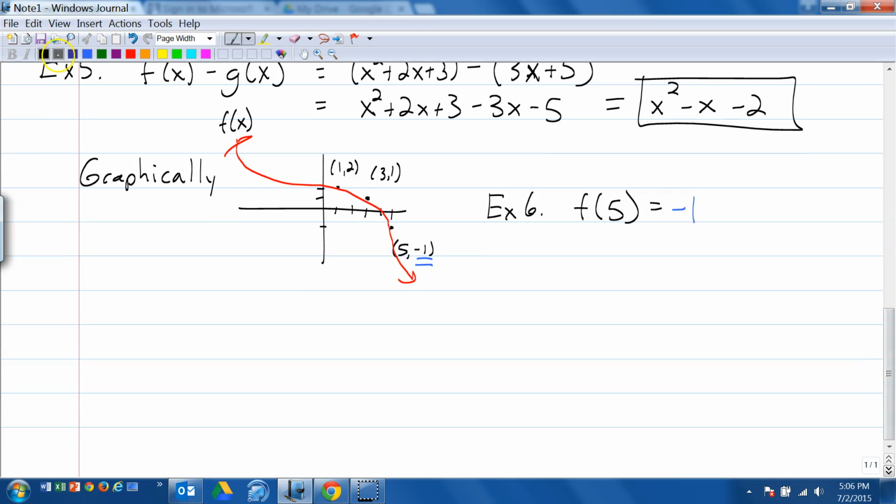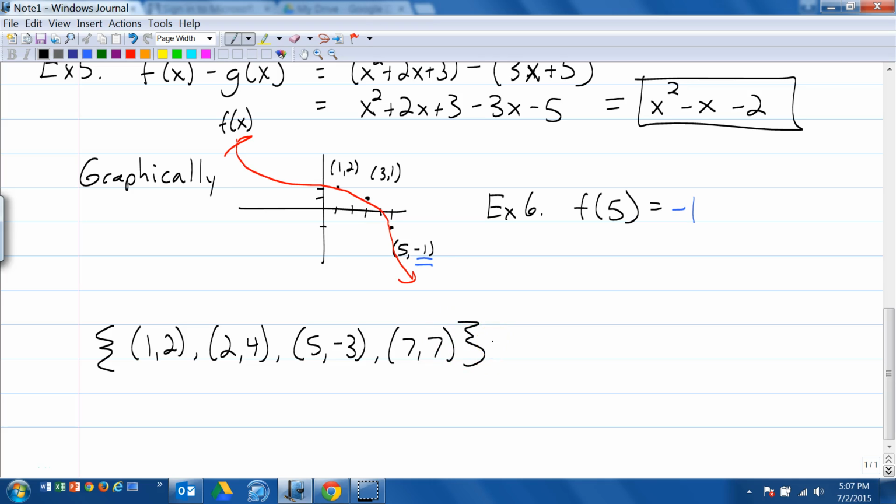One more that I want to do, and this kind of goes back to the list we did before in the last video. If I give you the values, that this relation, that these ordered pairs that represent functions, and let's do another one. Okay, so you guys should be able to agree that this represents a function, and we'll just call this function f.